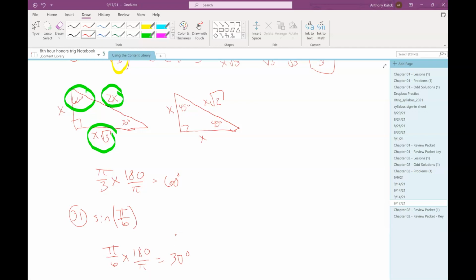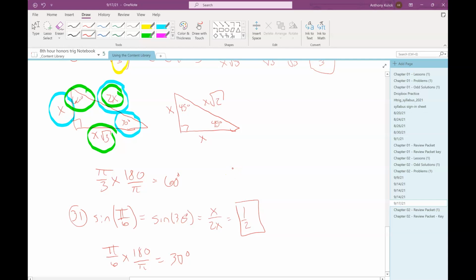Just like you did in the first 10 or so questions. So that's sine of 30. So I'm going to look at the 30-degree angle. I remember that sine is opposite over hypotenuse. So that's x over 2x, which reduces down to 1/2. And I'm done.